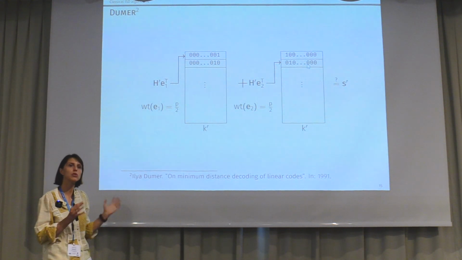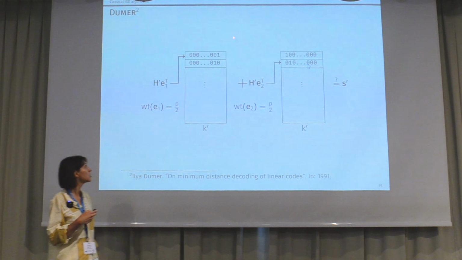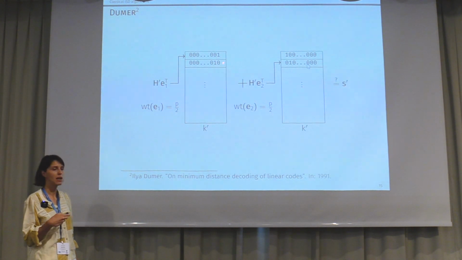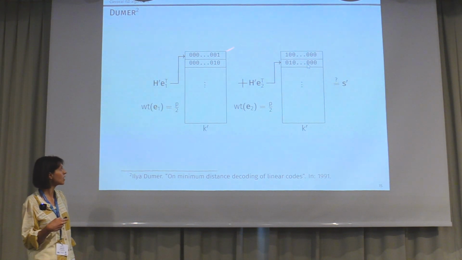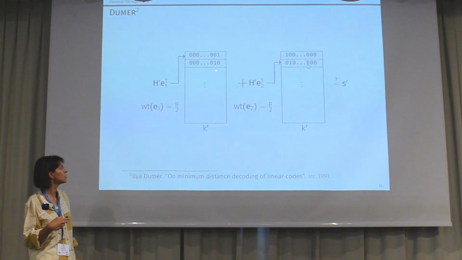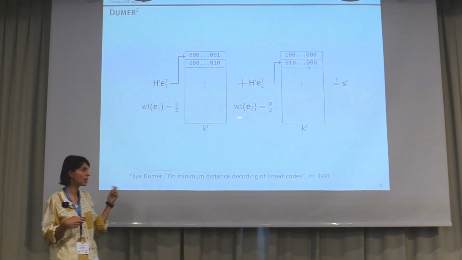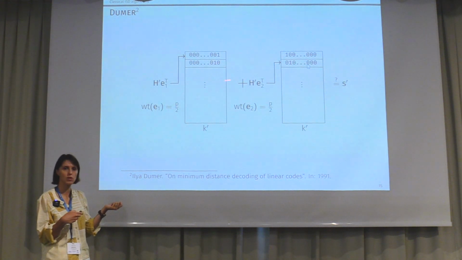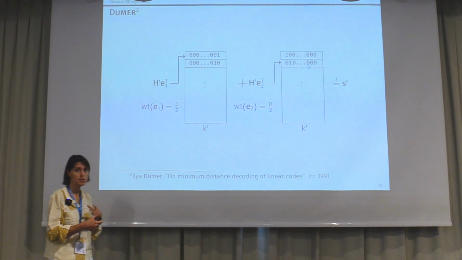But why would we do this? First, the list we create this way is significantly smaller, because the number of E1s corresponds to the number of vectors of length k prime over 2 and weight p over 2. So this list is significantly smaller than the previous one. That's the first improvement that we get.